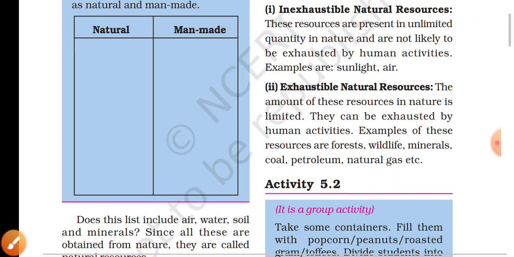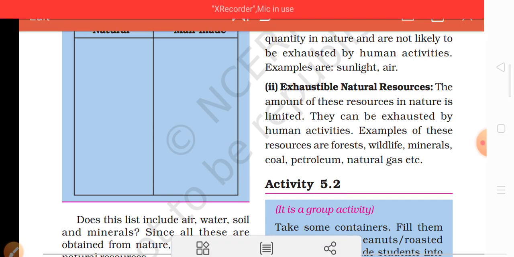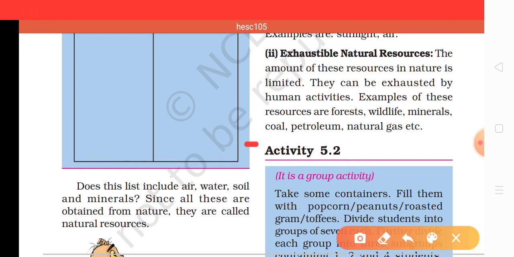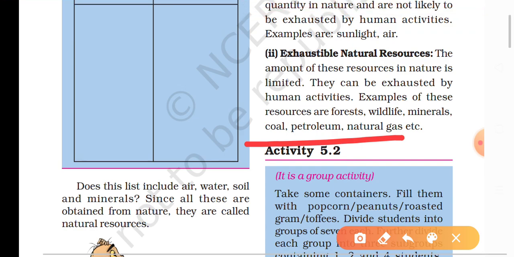So they can get exhausted by human activities since they are limited, so they are called exhaustible natural resources. Examples of exhaustible natural resources are coal, petroleum, natural gas, forest, wildlife, minerals. Now I hope you all have understood.